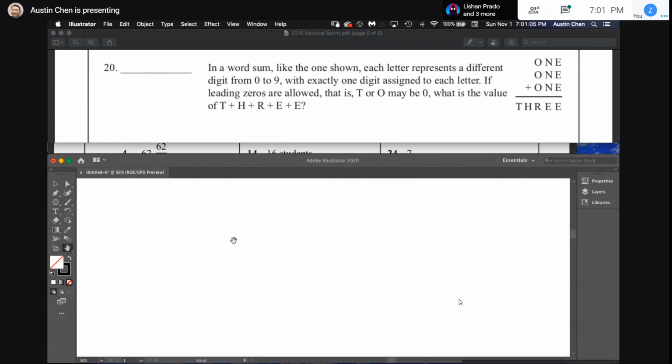But other than that, this problem is kind of straightforward. There's nothing besides the stuff Austin has already said.